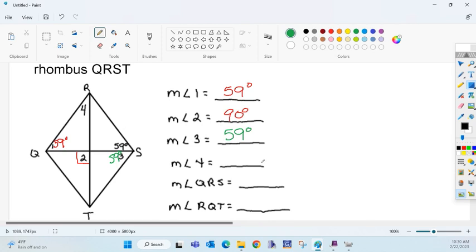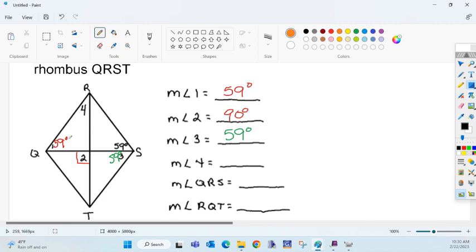Okay, so 4 might be a little bit harder to find. But not too bad, but we can think about 4. Any thoughts on how you would find 4? What do you think's here? You have to add the 2 angles that you know together and then subtract it by 180. Okay, so in this triangle right up here, the upper left triangle.